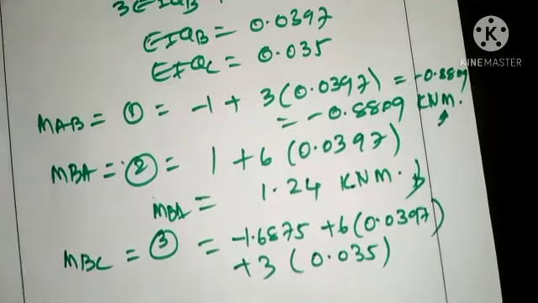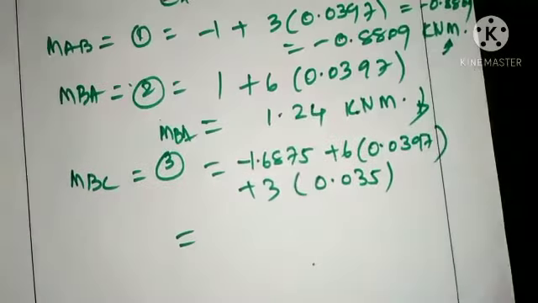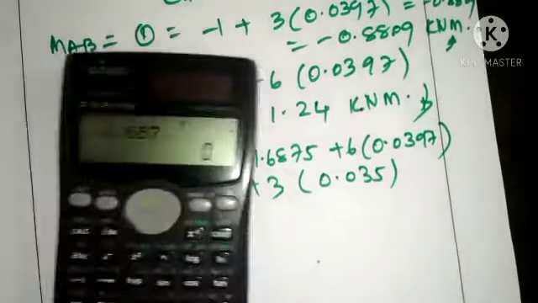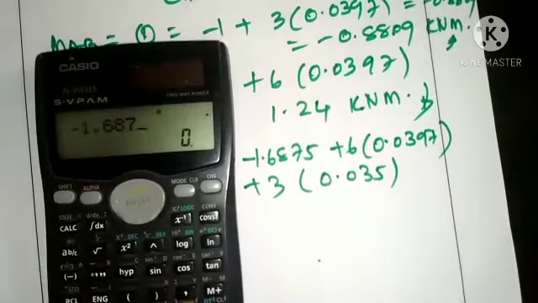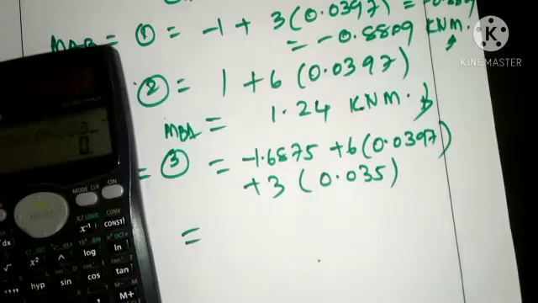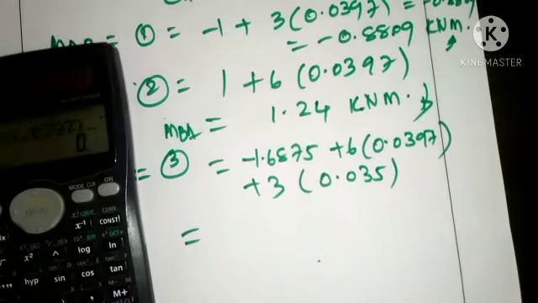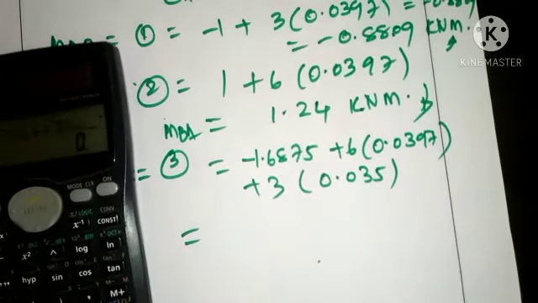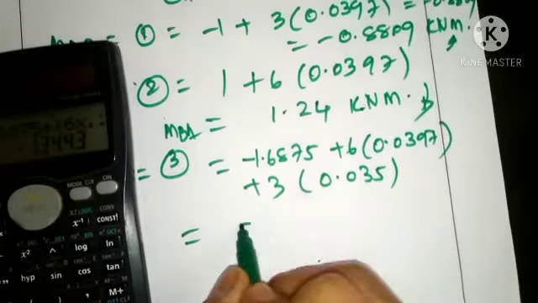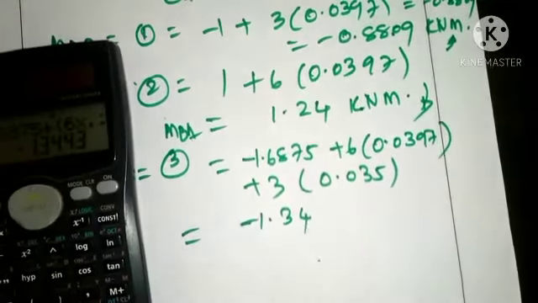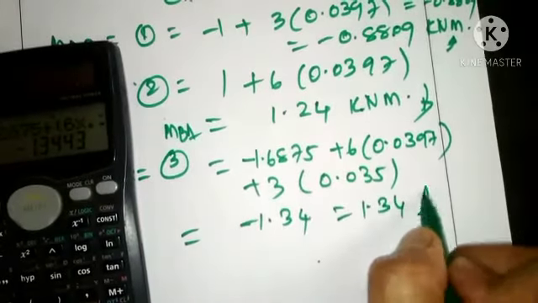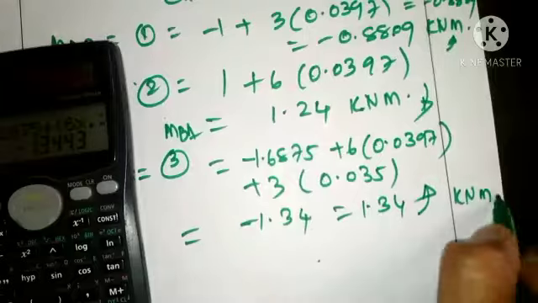So substitute this in the calculator to find the final value, which will be minus of 1.6875 plus of 6 into 0.0397, next plus 3 into 0.035. And the final value will be minus 1.34. Minus 1.34 means it is in clockwise direction.